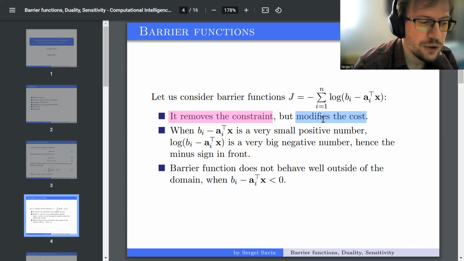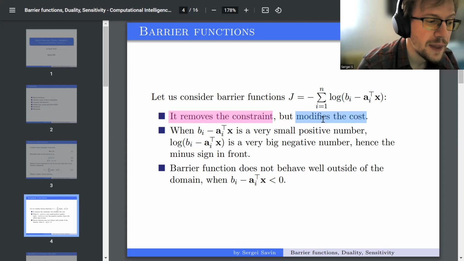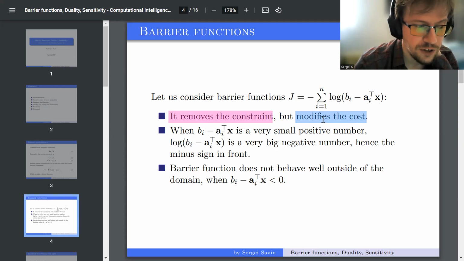So essentially, you can think about it this way. You have your problem. It is easy to compute the gradient. Also, it is relatively easy to compute a Hessian, so the second order term, the quadratic term in the Taylor expansion. You can do that for all those functions, including the logarithms.